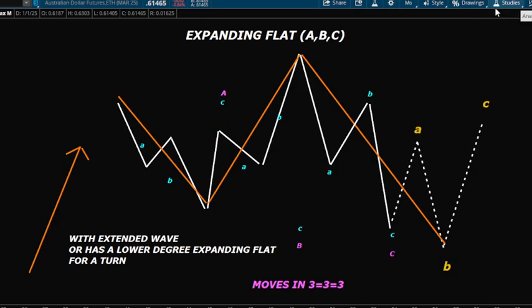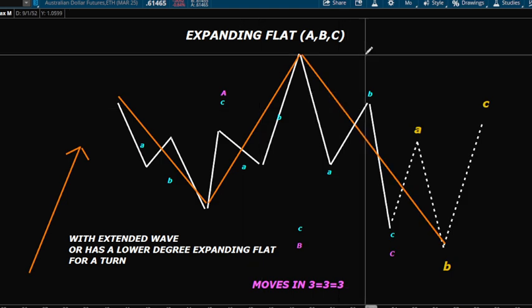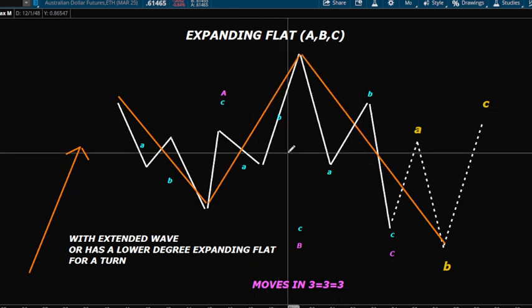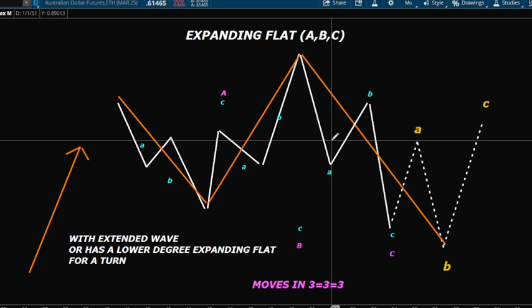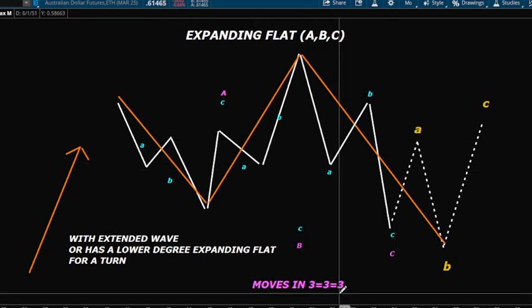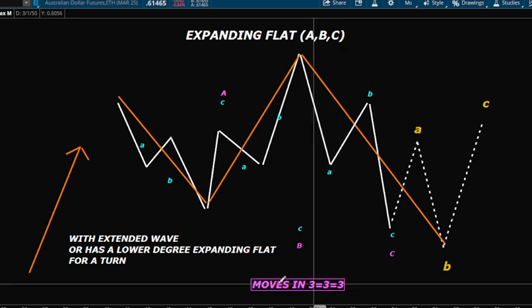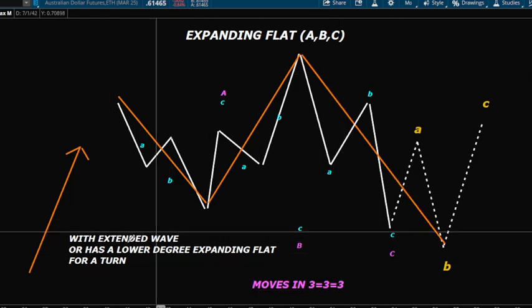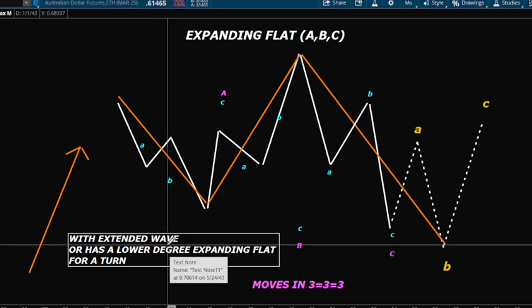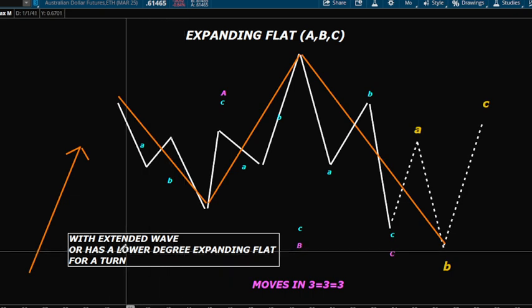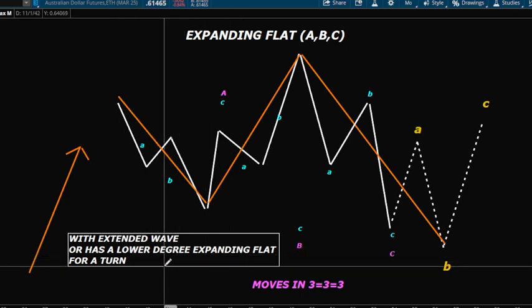Oh, just on a side note, here's a picture of an expanding flat, how it works, and how the old Elliott wave theory counts expanding flats in 335, but I counted in a 333. With this third move, it really has an extended wave based upon the fibs, the retracement percentages, or has a lower degree expanding flat, right?